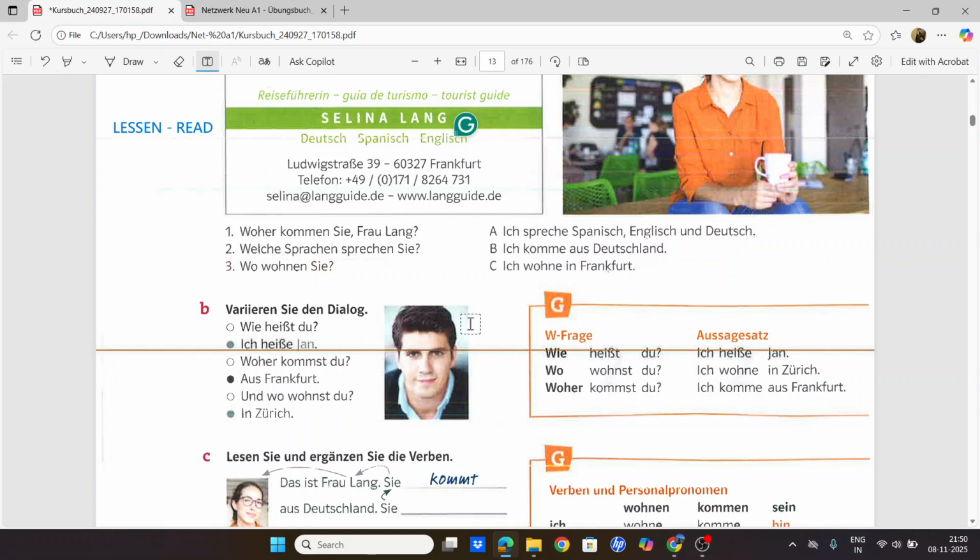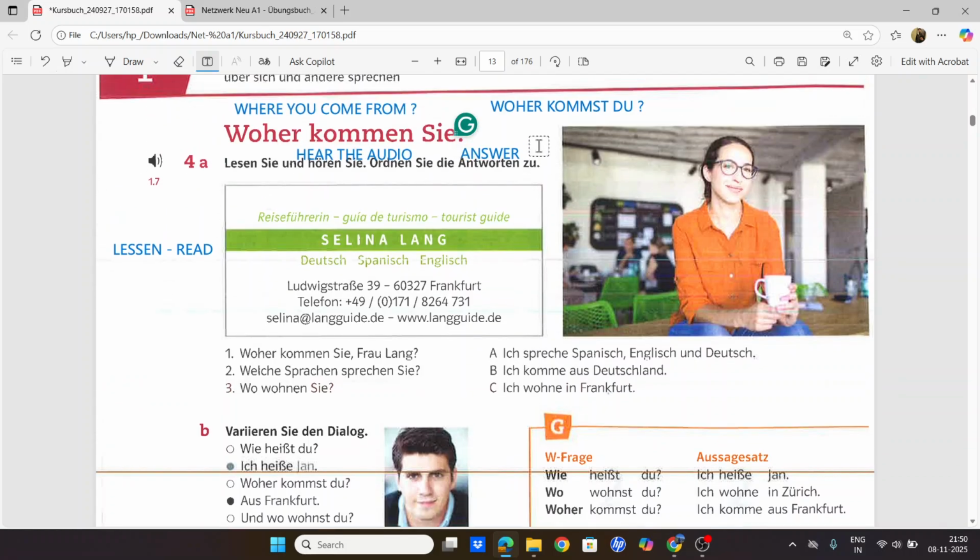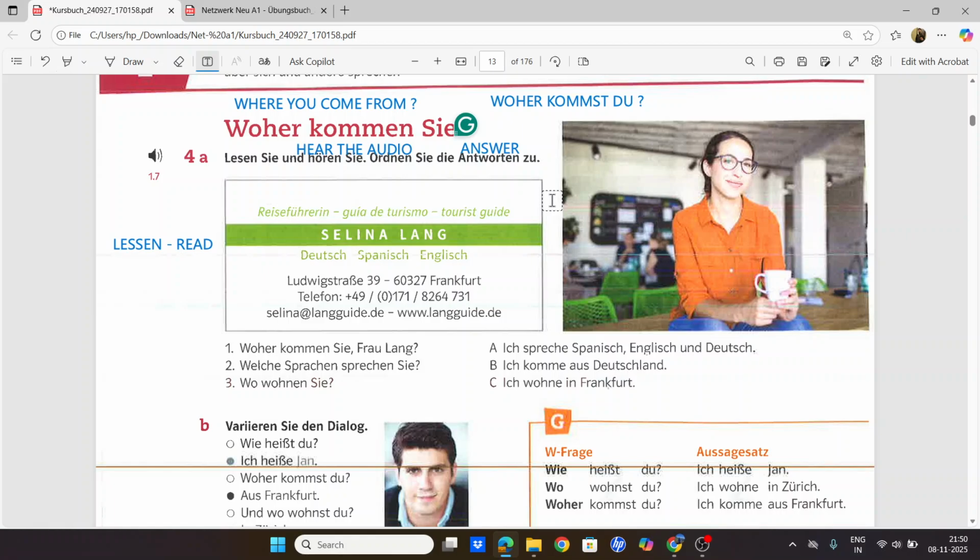Woher kommen Sie, Frau Lang? Read this first. Take a minute, then you can tell me. Read this paragraph.